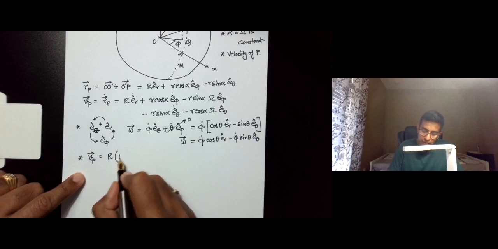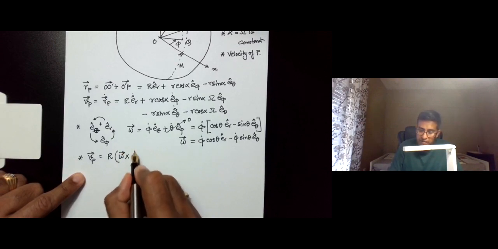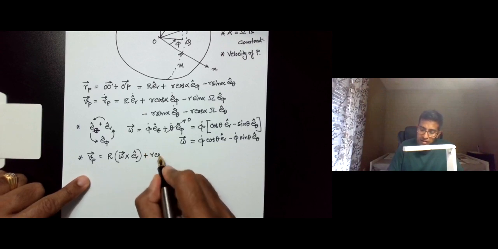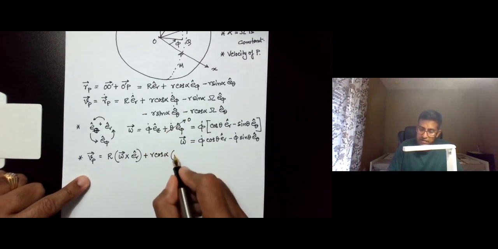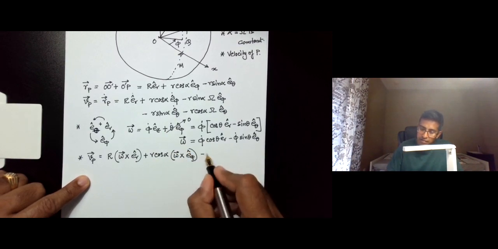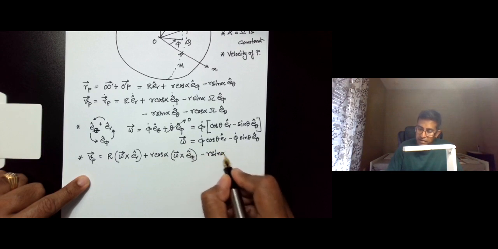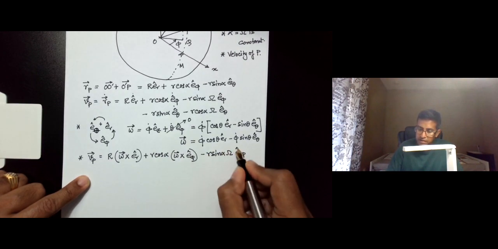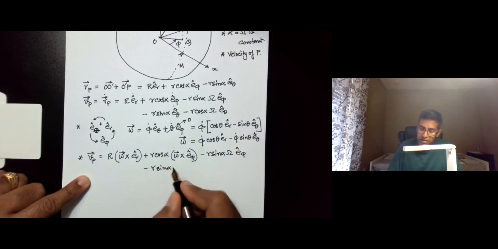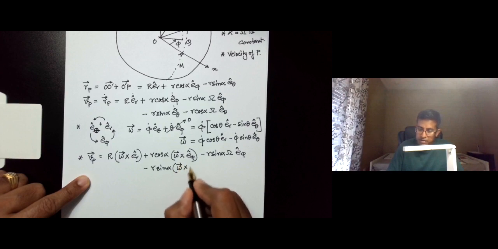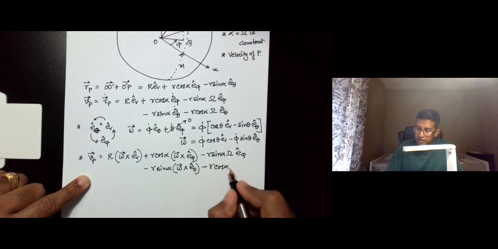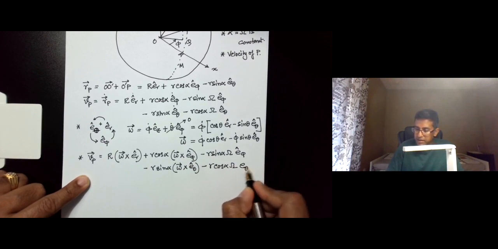So it is omega cross ER, okay, plus R cosine alpha, and E phi dot is similarly going to be omega cross E phi, minus R sine alpha capital omega E phi, minus R sine alpha omega cross E theta, minus R cosine alpha capital omega E theta.